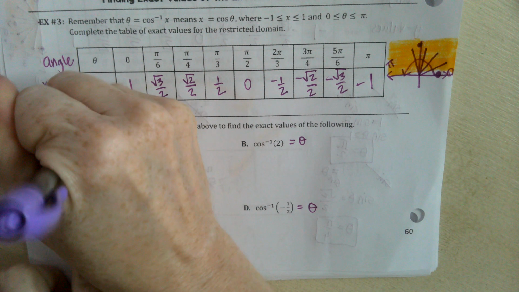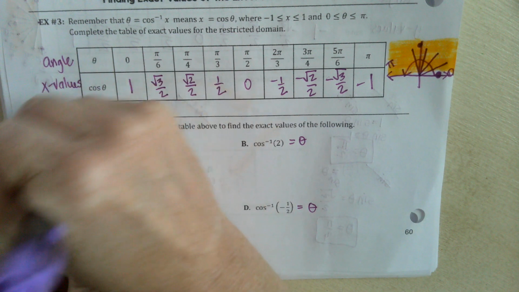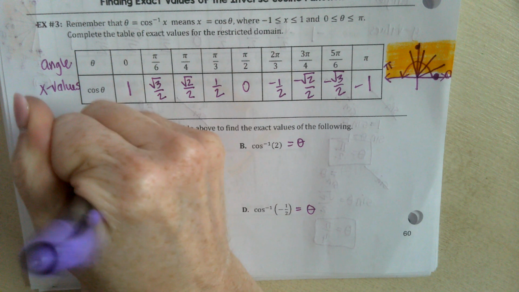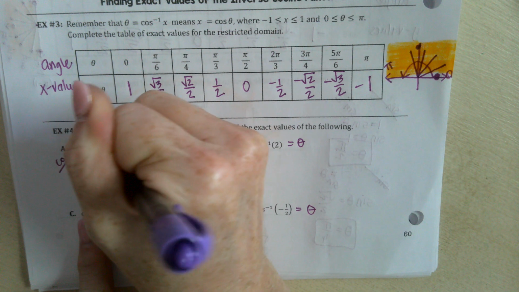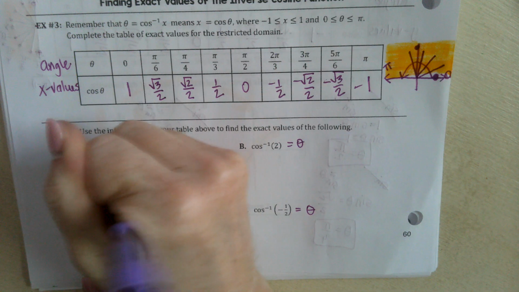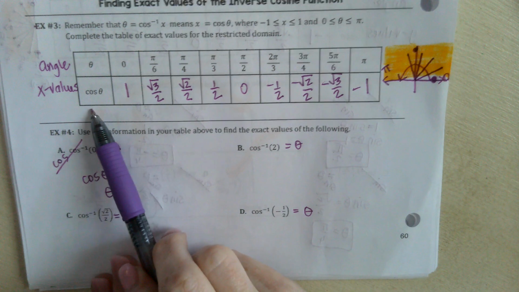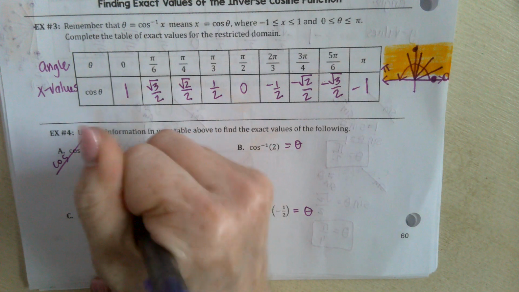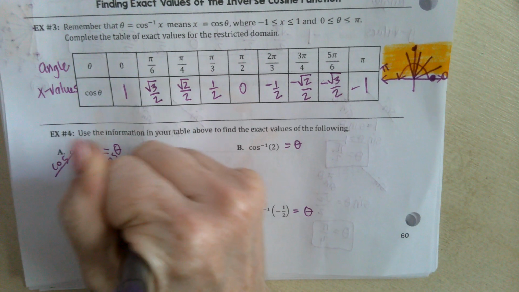Cosine. So if I take the cosine of both sides, cosine and cosine inverse will cancel, and I've got cosine of theta equals 0. Looking through here, looking for that x value of 0, that happens when the angle is pi over 2.